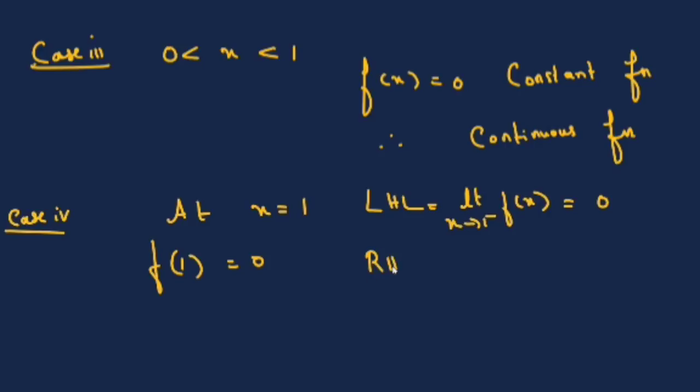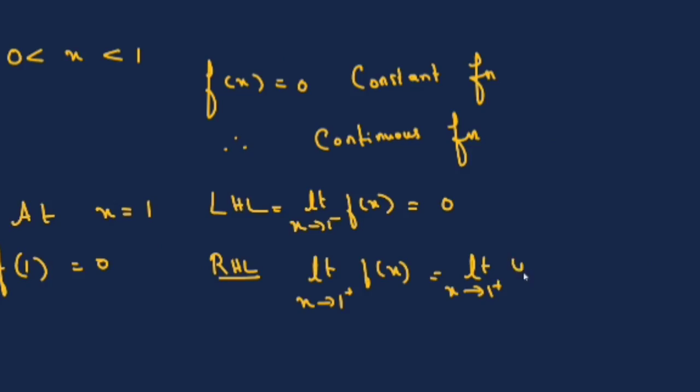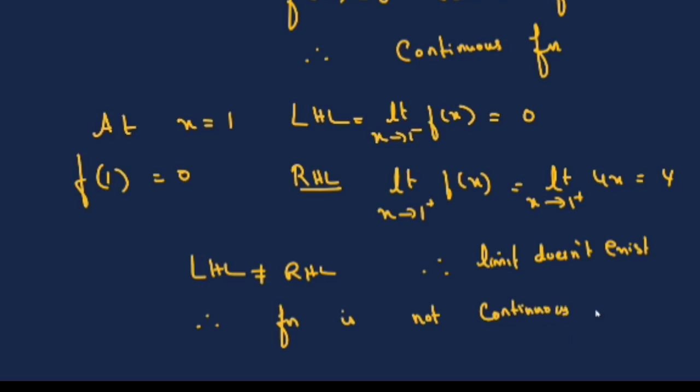The right hand limit is limit x tends to 1 plus of 4x, which is equal to 4, we are getting, right? So LHL is not equal to right hand limit. Therefore the limit doesn't exist. The function is not continuous at x is equal to 1.